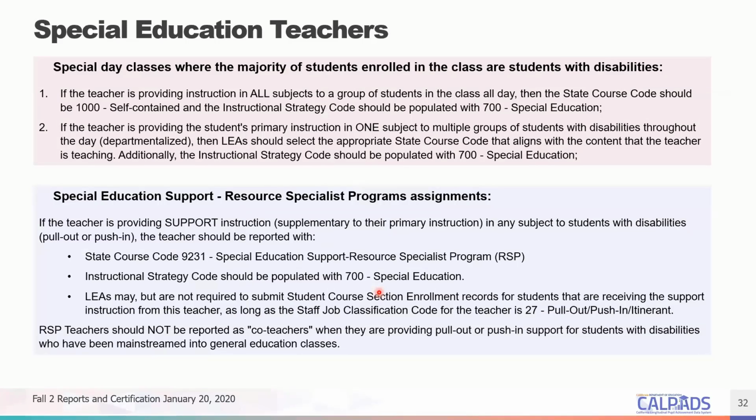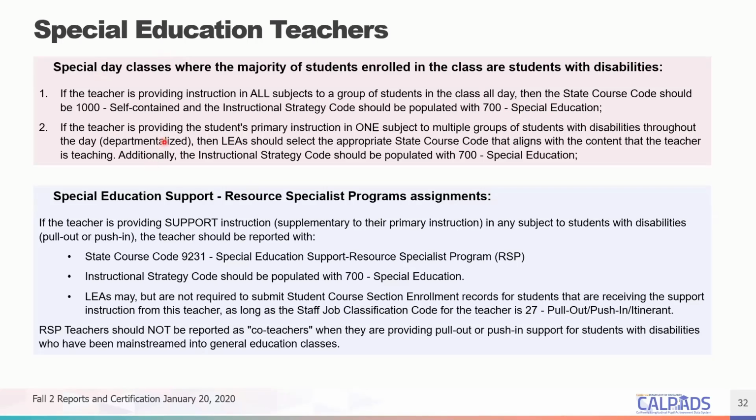So we have a scenario here wherein how to report special education teachers. We have here just guidance on how to report special day classes. So bottom line is if a teacher is doing self-contained, then report state course code 1000 and report an instructional strategy code of 700.